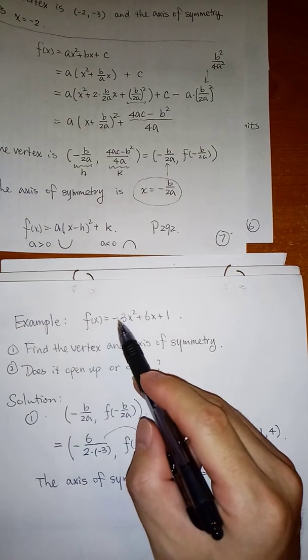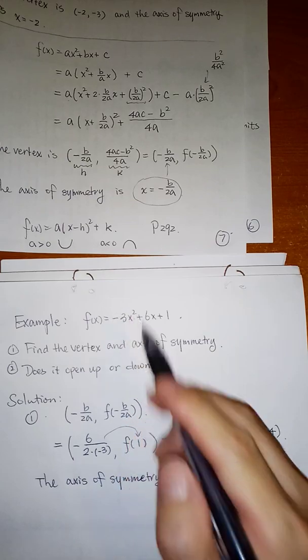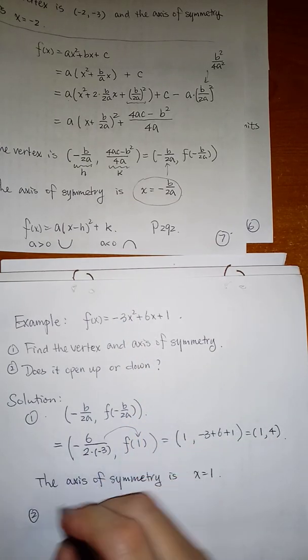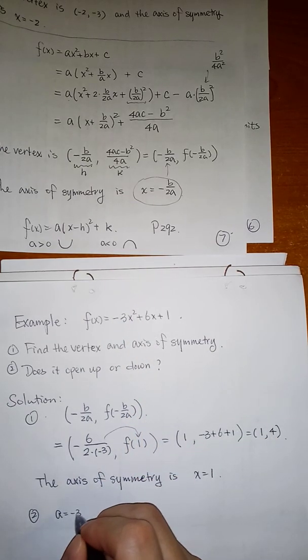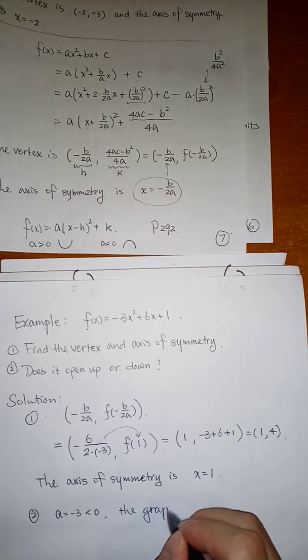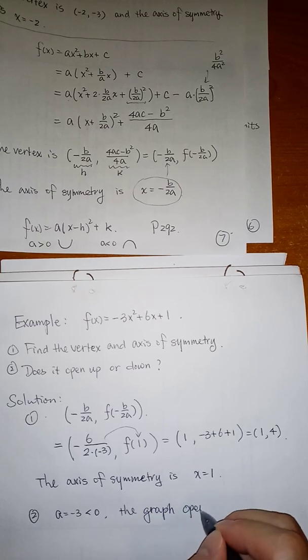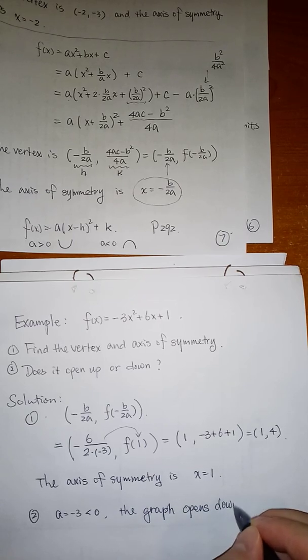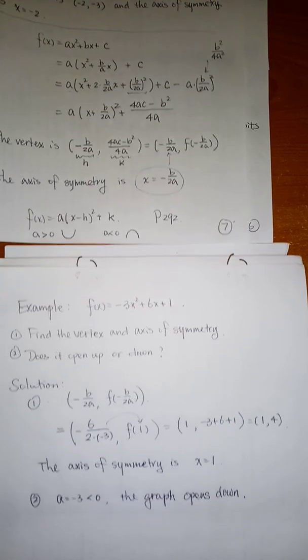And because this a is negative, you see here negative 3 as a coefficient of x squared, the graph opens down.